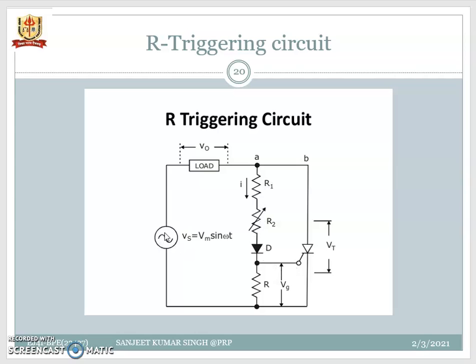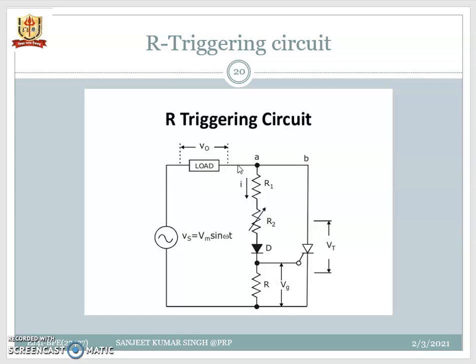As the voltage is increasing for the positive half cycle, point B is positive with respect to cathode down here, but the SCR is not turned on because the minimum gating current has not been reached.